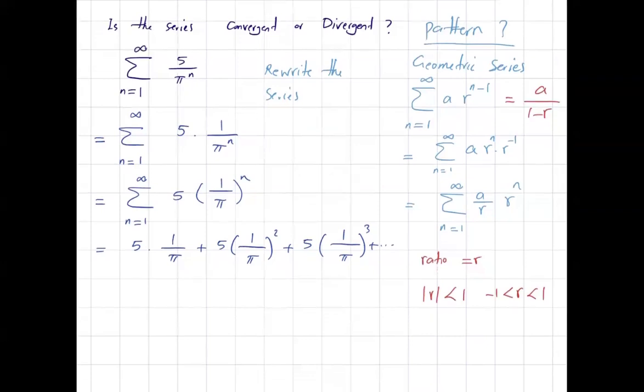If you factor out your 5, this becomes 5 times 1 over pi plus 1 over pi squared plus 1 over pi to the power 3 plus the rest of the terms.